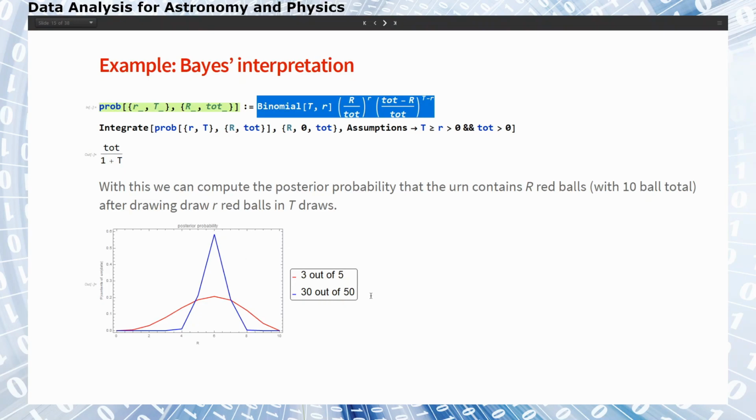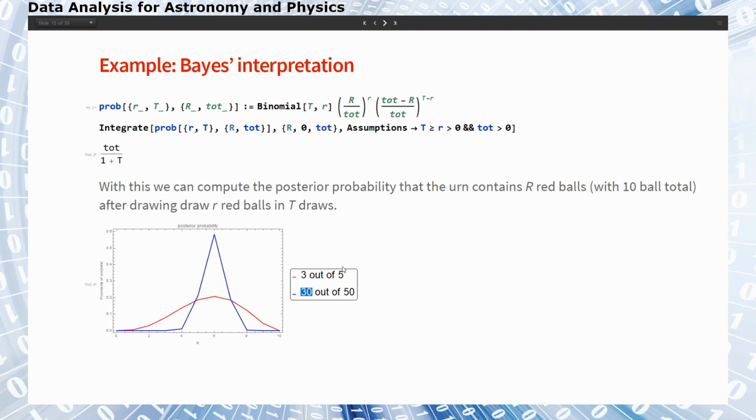If we would have performed 50 draws and gotten 30 red balls, this is the same ratio, but getting 30 out of 50 makes our probability distribution much more narrow, centered around 0.6.